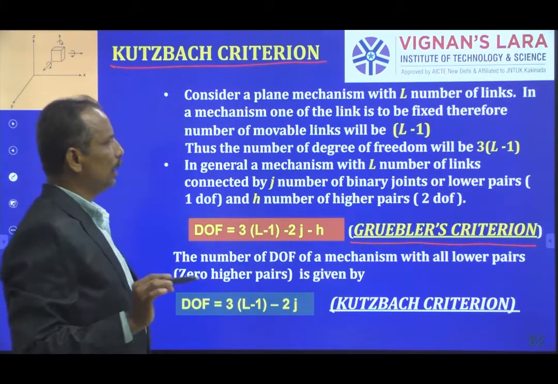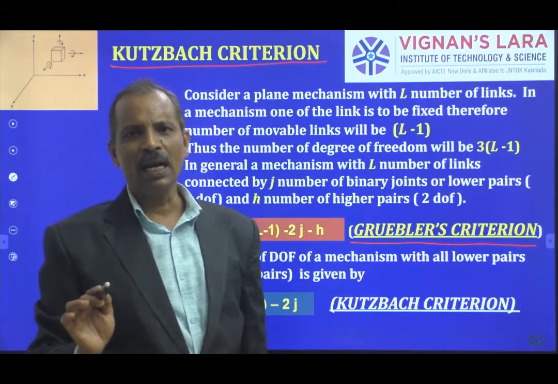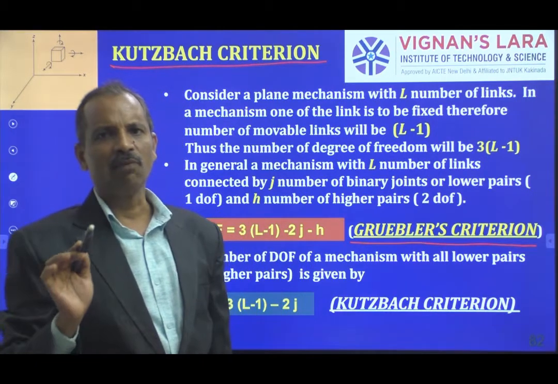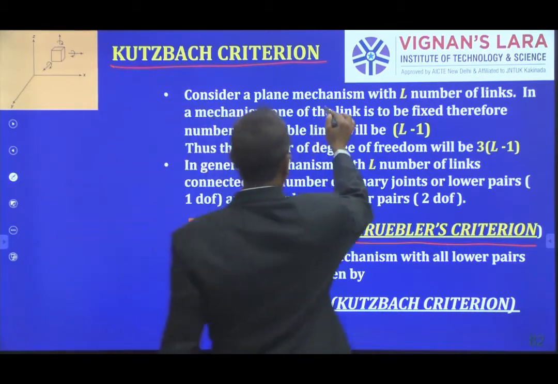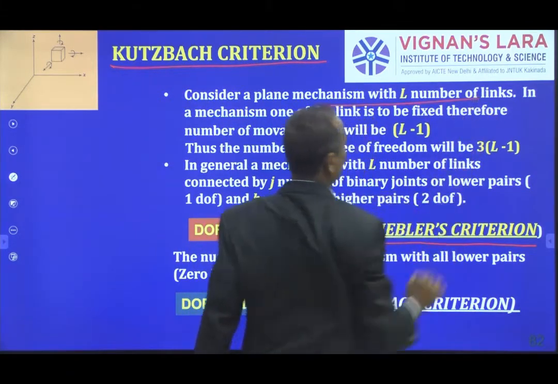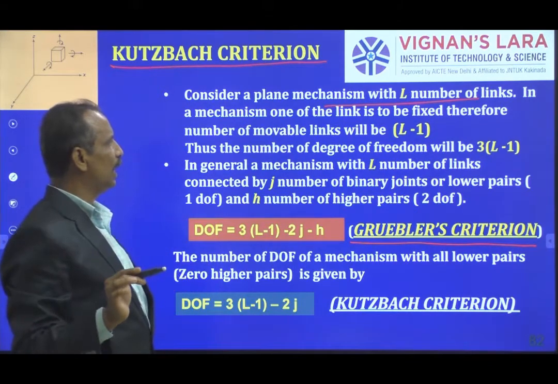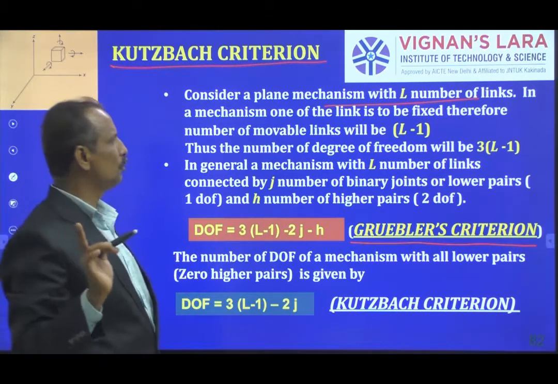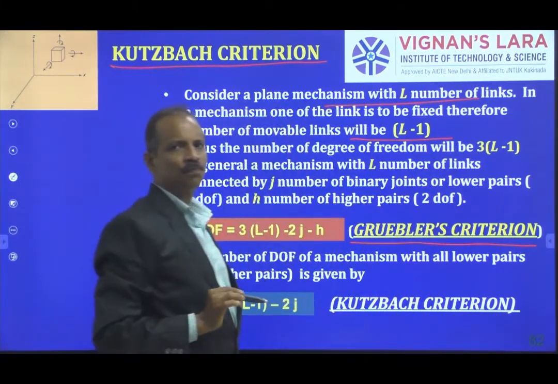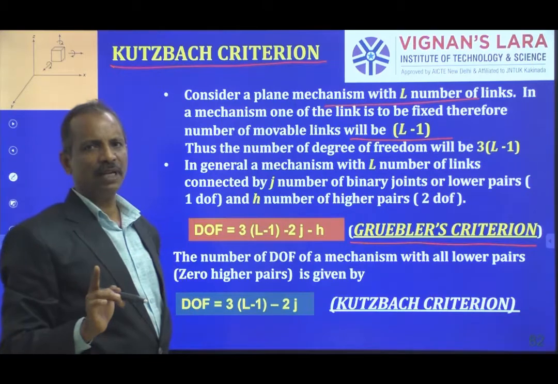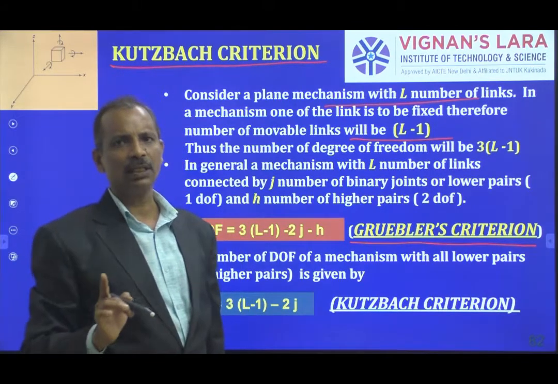We know that if you want to form a mechanism with L number of links, then one of the links should definitely be fixed. So take a mechanism where the number of links is L. Then one link is fixed, and the remaining links are L minus 1.